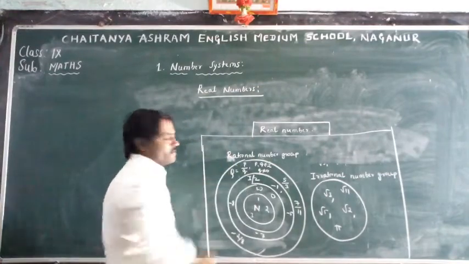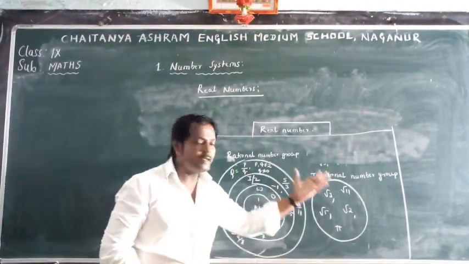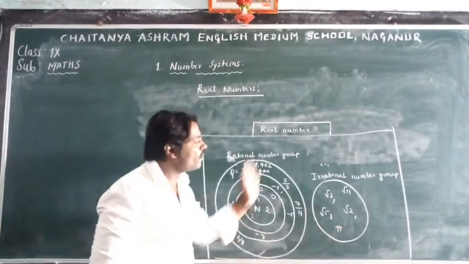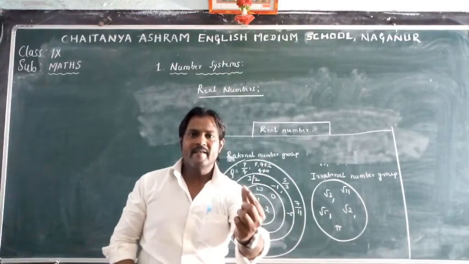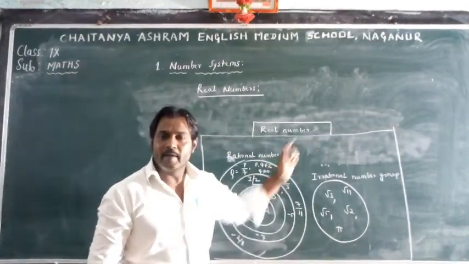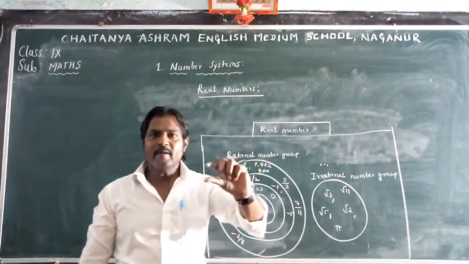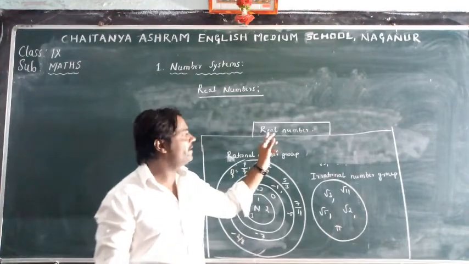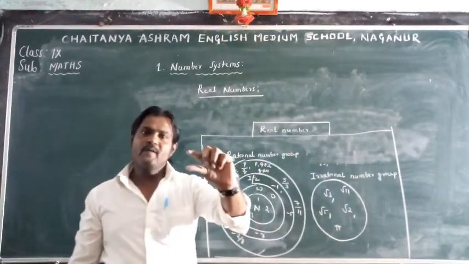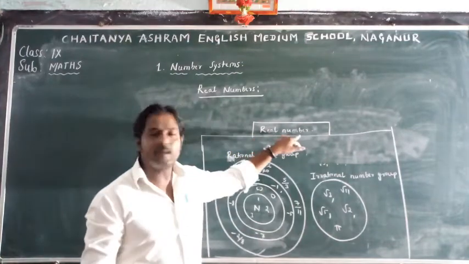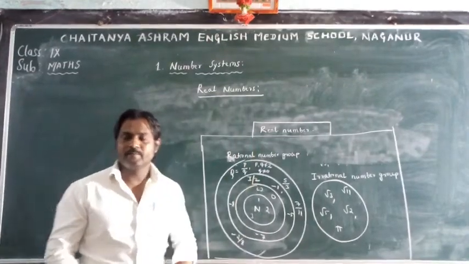And what are real numbers? Real numbers include rational numbers and irrational numbers. All are mixed. If I pick any one, that number I say is a real number. If I pick 2, that 2 is a rational number, but here it is a real number. If I pick root 2 from this bag, that root 2 we can also call a real number.